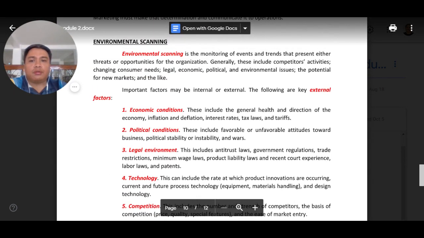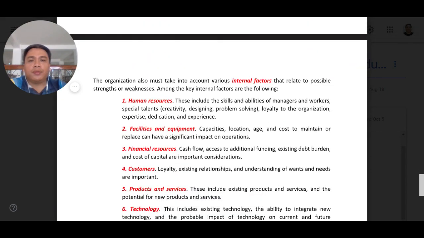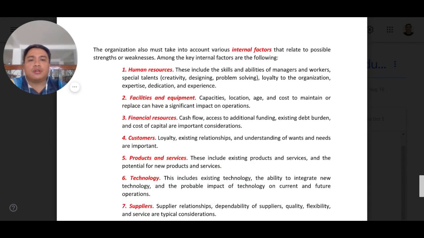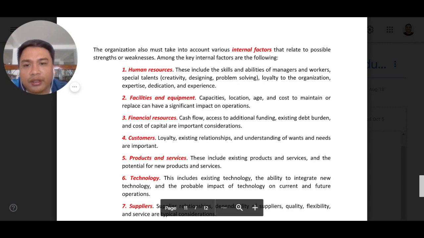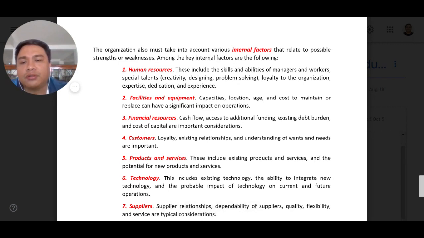Okay, so those are our external factors. Now we go to our internal factors. So we have to also identify. So in our internal factors, this all can be analyzed. This can be factors to be considered in using your SWOT analysis also.